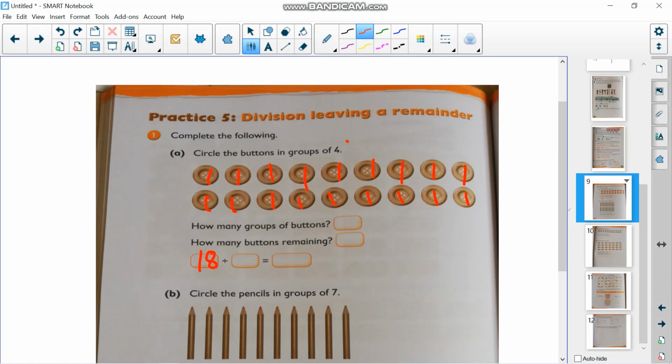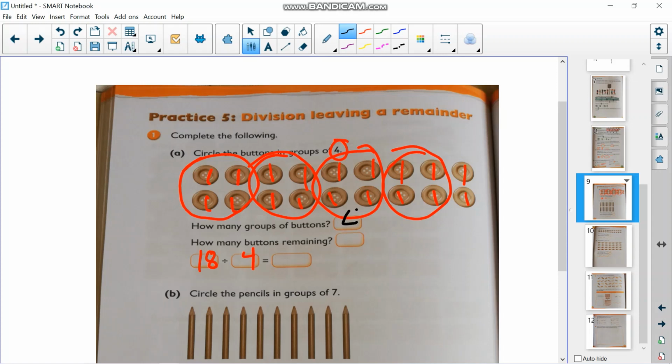And we're going to make groups of 4. So that is 18 divided by 4. Now let's circle the buttons into groups of 4. So how many groups of buttons did we make?